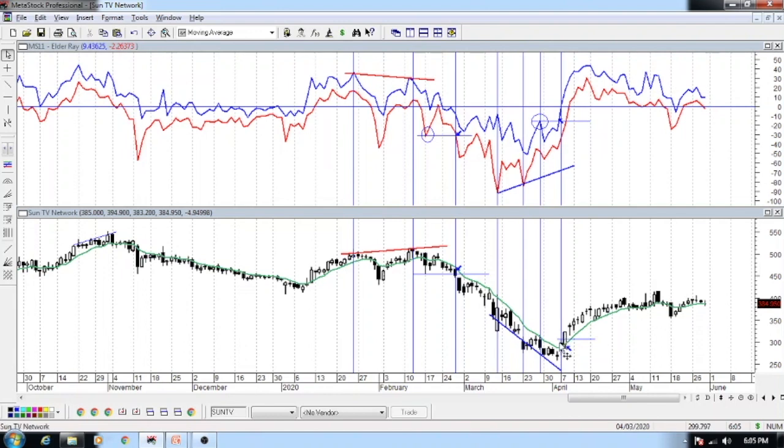If we had taken a long entry over here, between 306 and 310, after that the price reached around 380 to 400. From a long entry around 306 to 310, we have already got the 380 to 400 level using this simple trading strategy, which is called Elder Ray.